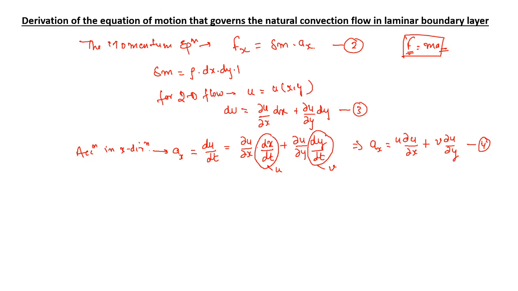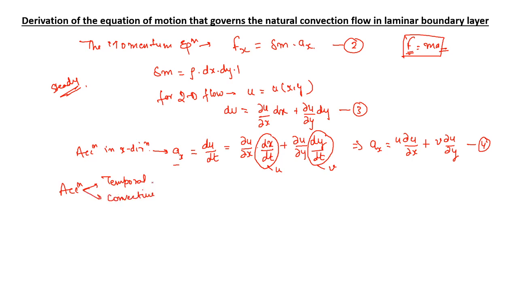You might have some confusion that acceleration is 0 in steady flow, since acceleration is the rate of change of velocity with time, and in steady flow there is no change with time. This is not correct. We must be very careful about why we are dealing with acceleration when we assume the flow to be steady. This might be a confusion for students, so I'm clearing it up: acceleration has two components, one is the temporal component and one is the convective acceleration.